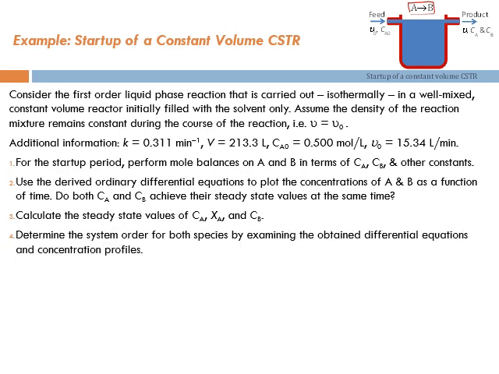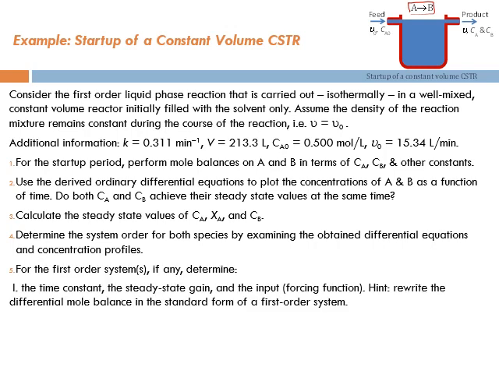Part 4. Determine the system order for both species by examining the obtained differential equations and concentration profile. So you look at the equation and ask, is this a first order system? Is it a second order system? Or you can look at the plot as well.